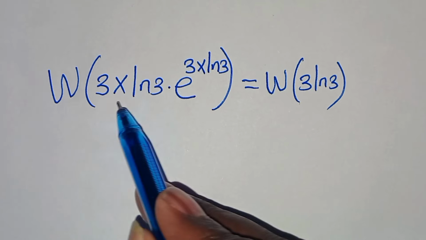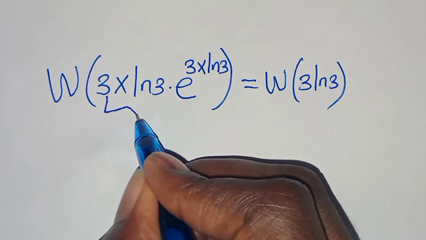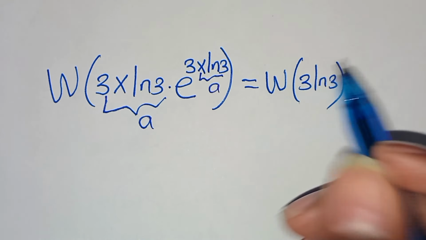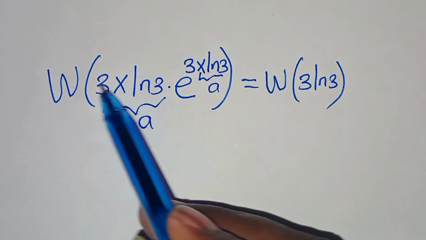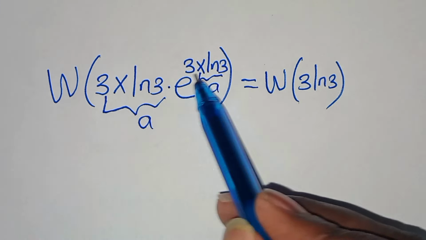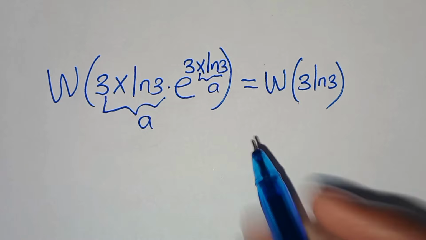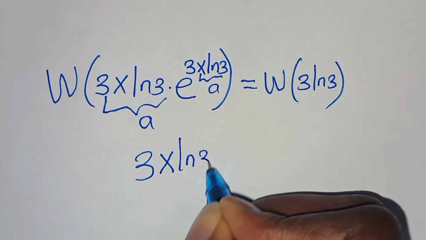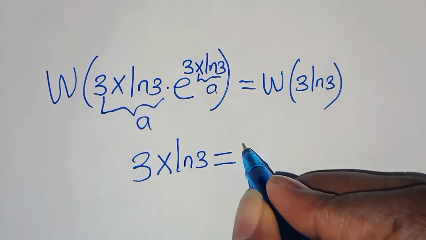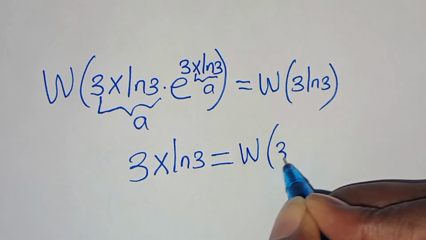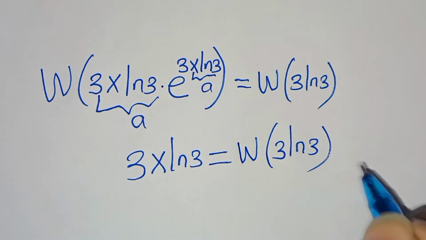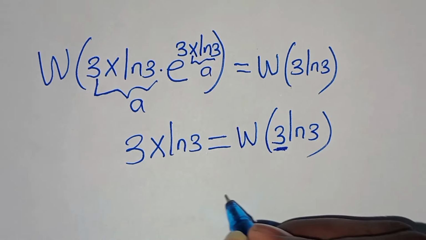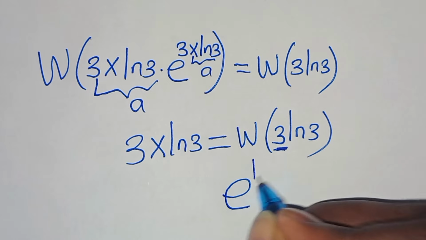Now, this is a, and also this is a. So on the left hand side we have 3x ln of 3, equal to the W function of 3 ln of 3. We can express 3 as e to the power of ln of 3.